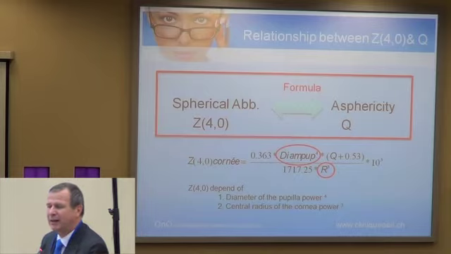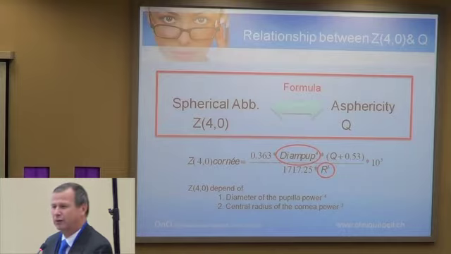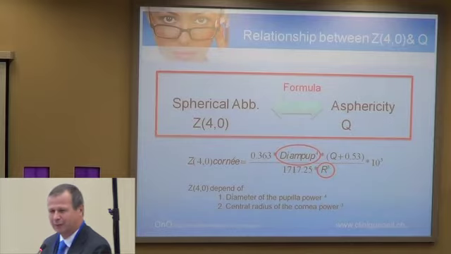That means that the pupil is the most important thing in your vision for aberration. So if you want to have less aberration, you have to work on the pupil. You can work on the Q factor without any problem, but don't forget the pupil. So the main thing is the pupil.